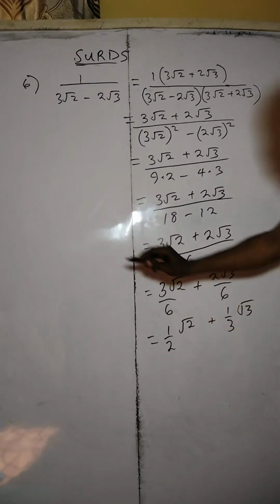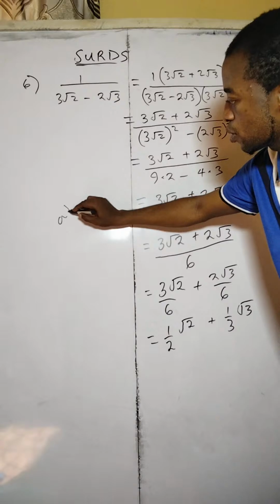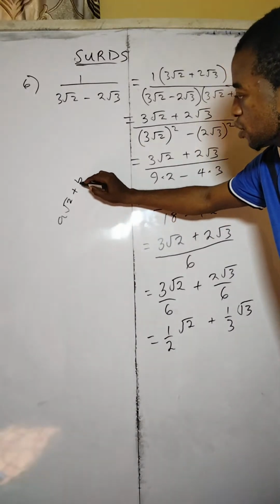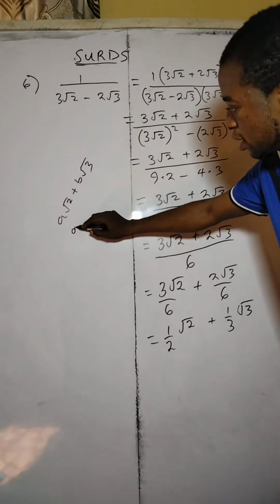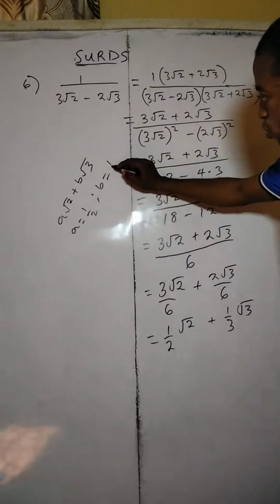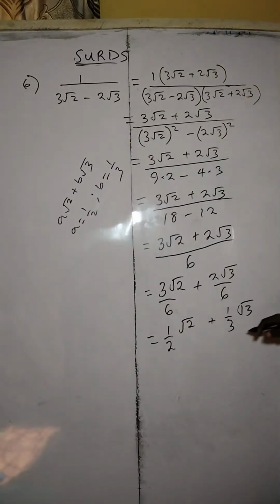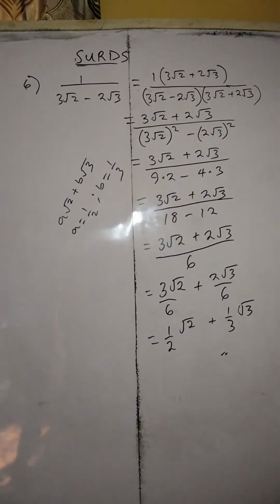So therefore, if it is in the form a root 2 plus b root 3, here we can compare this, and a here is 1 over 2 and b here is 1 over 3. So here we have the simplified form of this given surd as this.